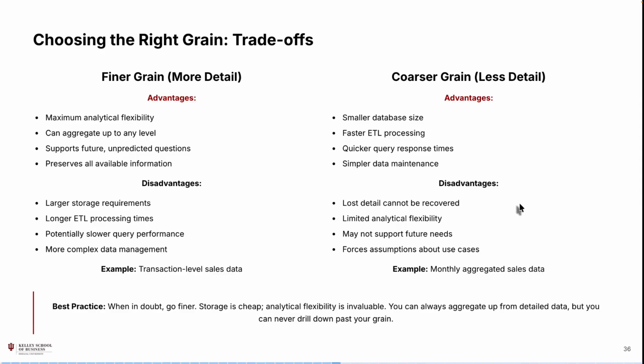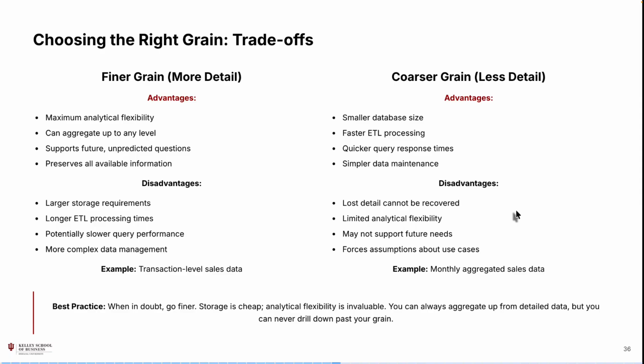The best business practice here is that when you are not sure, you go finer. Storage is becoming cheaper and cheaper, but analytical flexibility is invaluable. You can always aggregate up, but you can never drill down past your defined grain. So the analogy here is when you choose a grain, it's like deciding the resolution of a digital map.